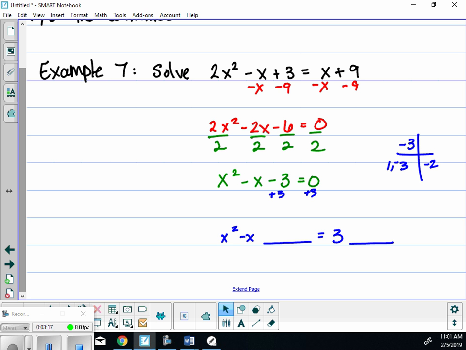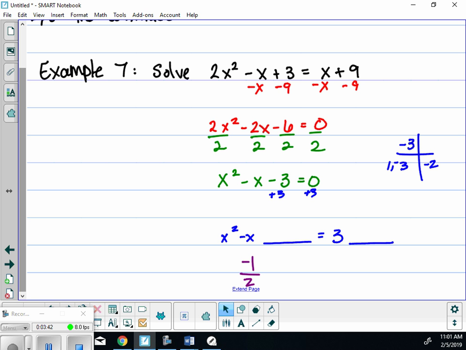And the way that we find that number is we look at the number in front of x. The number in front of x is a negative 1. Okay. I know there's not actually a number there, but there's a minus, and since there's an x there, there has to be a 1.